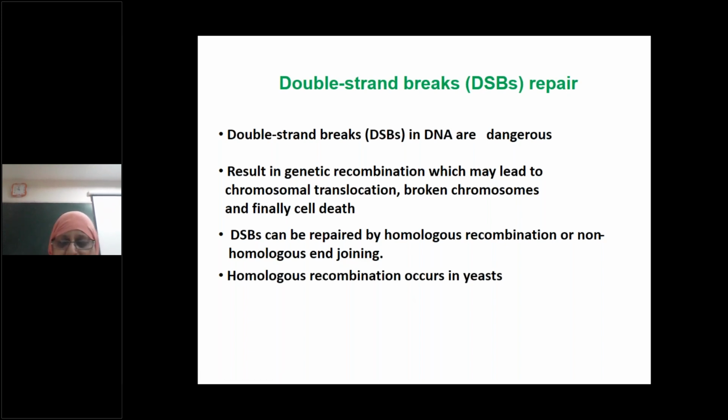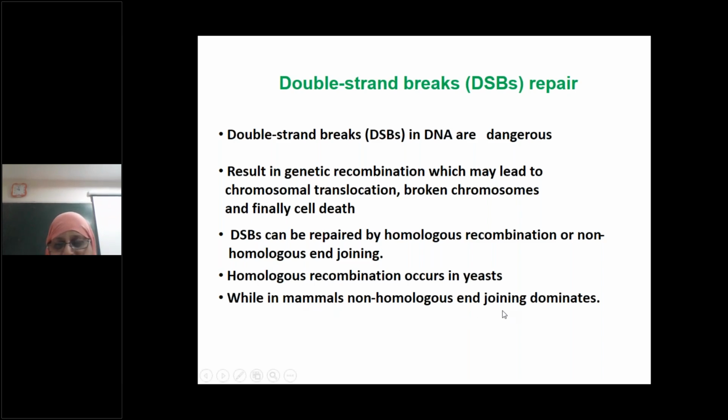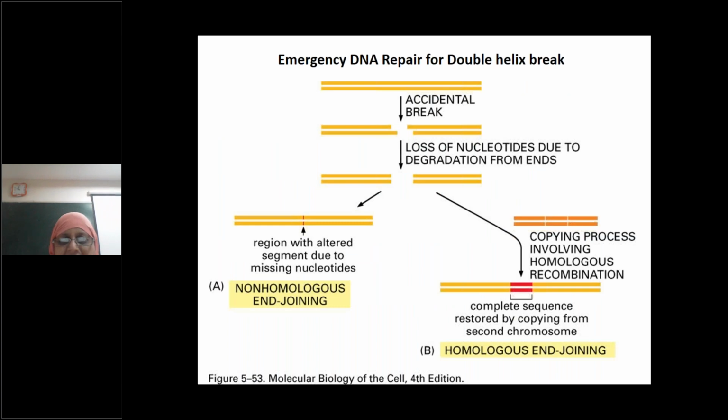Homologous recombination also occurs in yeast, while in mammals, non-homologous end joining dominates. So what happens in a double-stranded break? If an accidental break occurs, loss of nucleotides due to degradation from the end takes place. So either non-homologous end joining or homologous recombination repair may take place in double-stranded break repair.